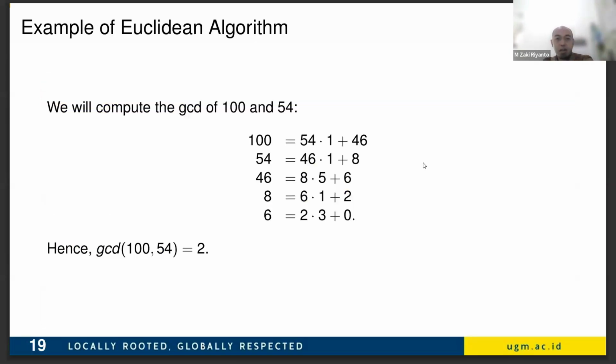This is an example of the Euclidean algorithm. We will compute the GCD of 154 and another number. We only compute the sum of division algorithm. It is very simple. The GCD is 2.